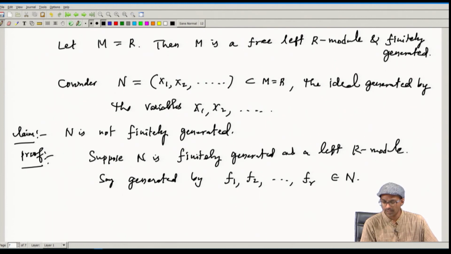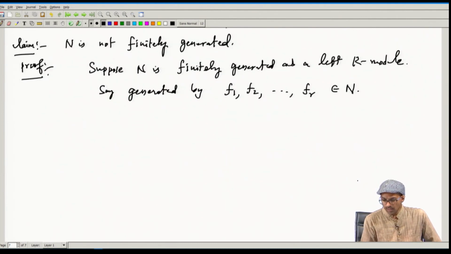So these all belong to N, the left R module generated by f1, f2 and so on, comma fr.